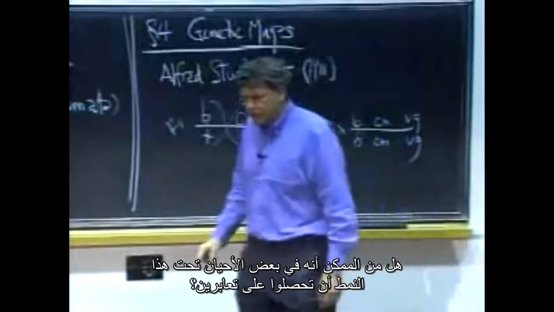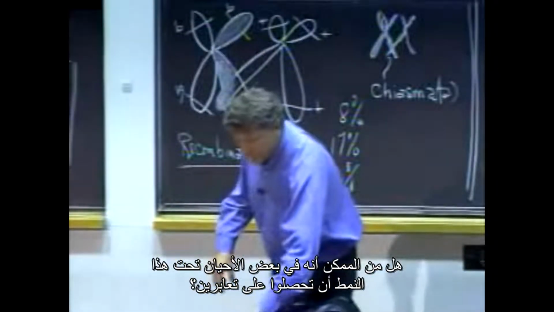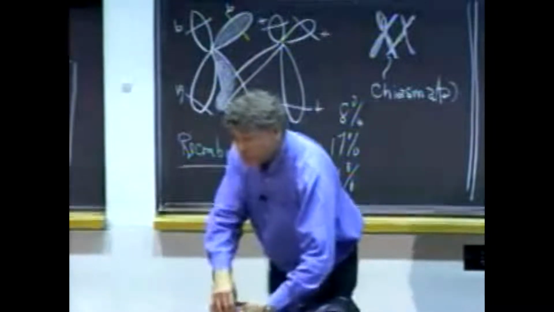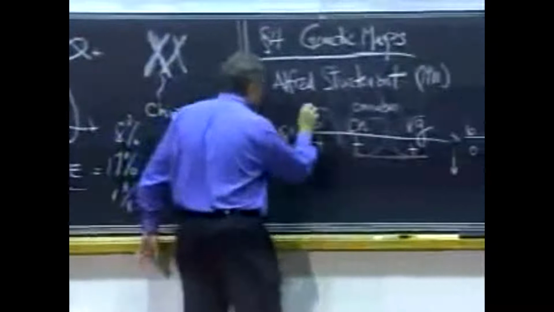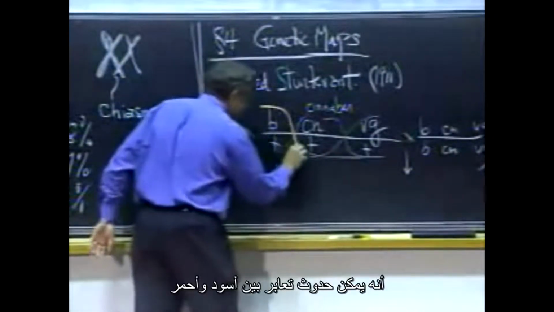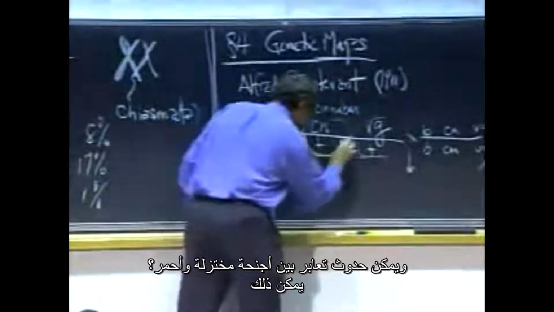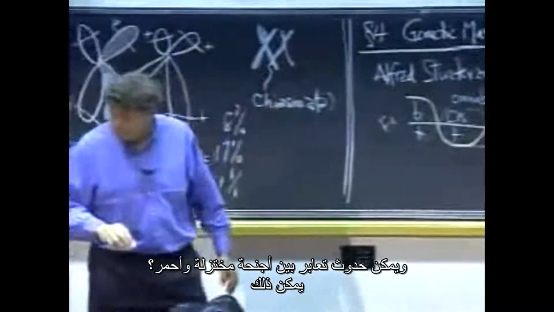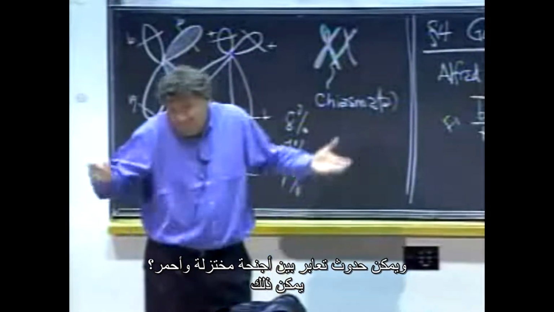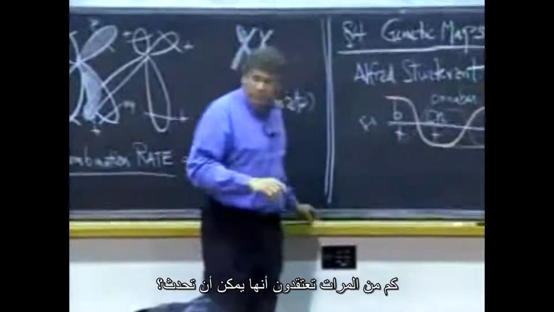Is it possible that occasionally, under this model, you might get two crossovers? Might it be the case, if we believe in this stuff, that a crossover might occur between black and cinnabar, and a crossover might occur between vestigial and cinnabar? Could be. How often do you think that would happen?